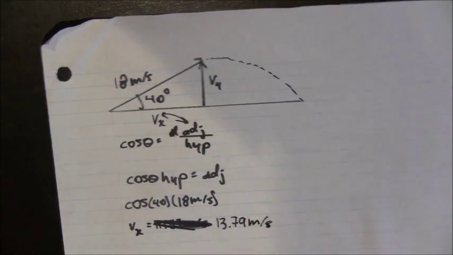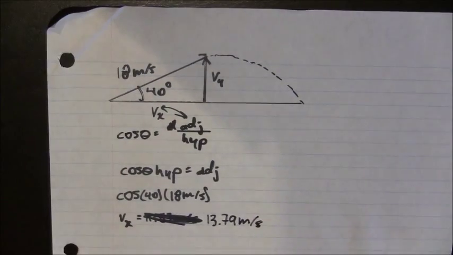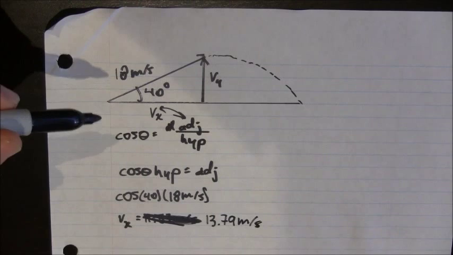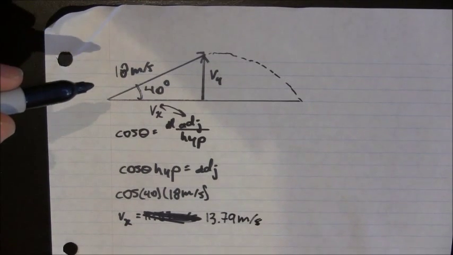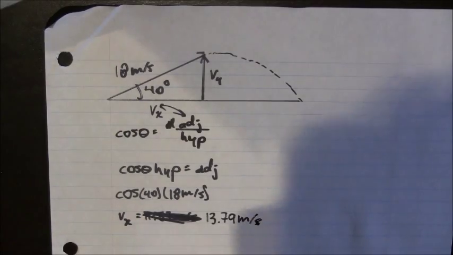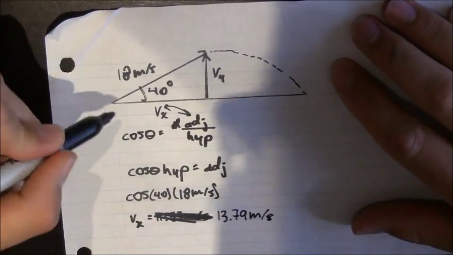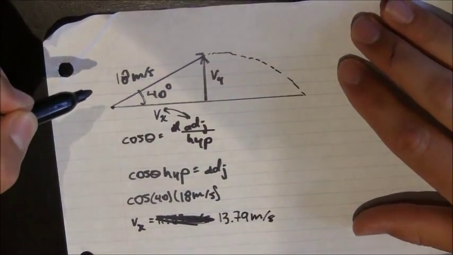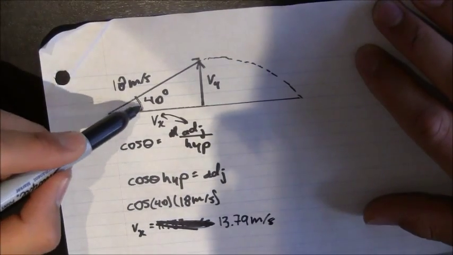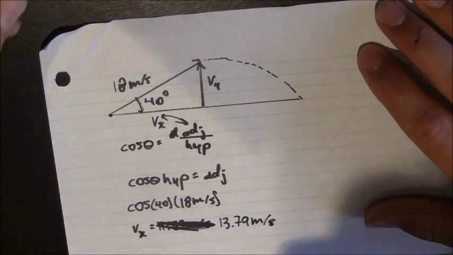Okay, let's get a little more complicated. Let's say that I fire a projectile at an angle this time. So it's not perfectly vertical and it's not horizontal. Let's say it's at an angle. Let's say I fire a projectile at 18 meters per second at an angle of 40 degrees.